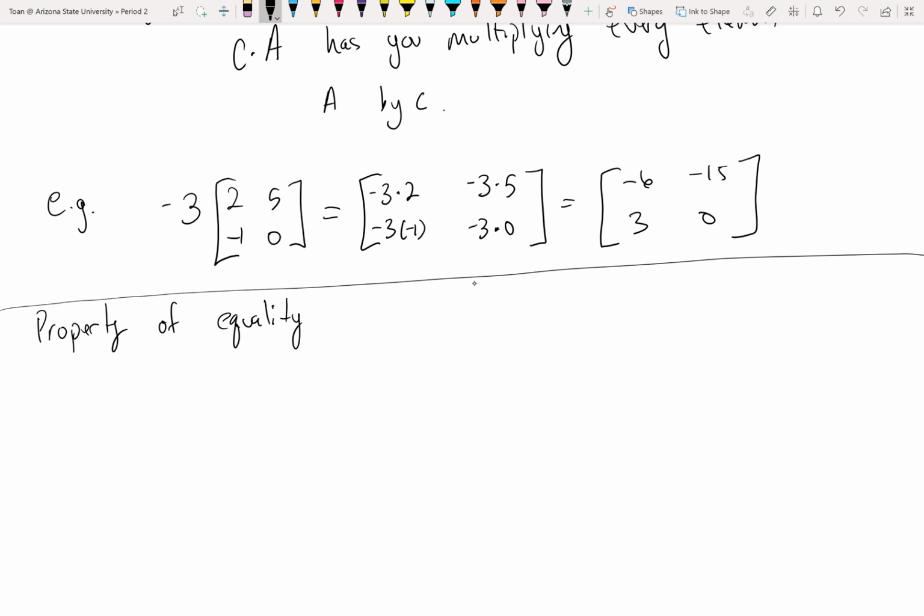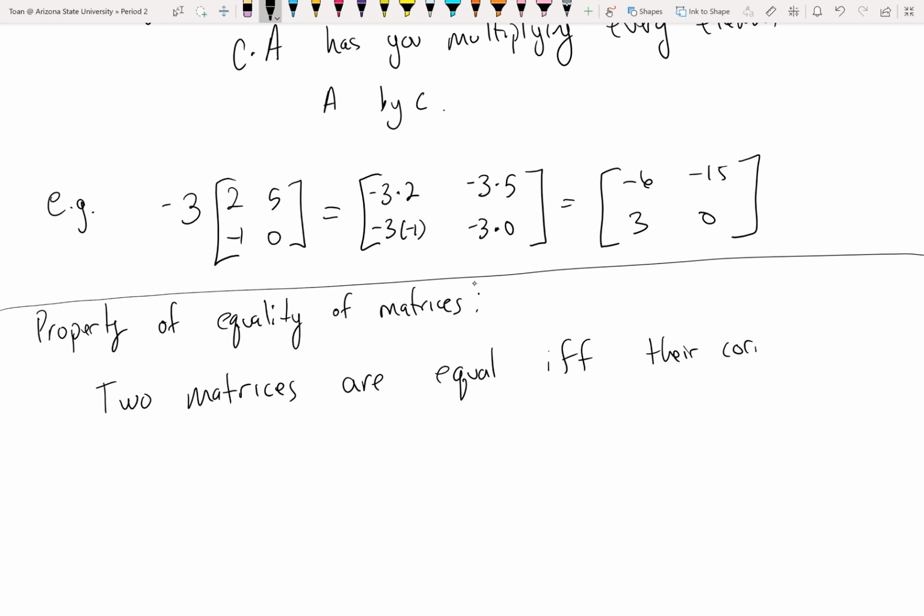So the property of equality of matrices states: two matrices are equal if and only if their corresponding elements are equal.